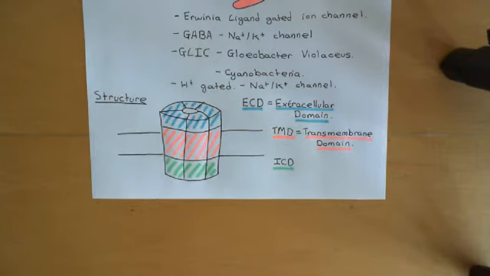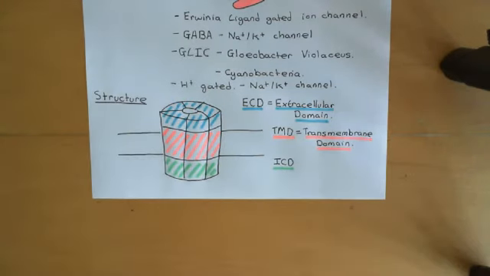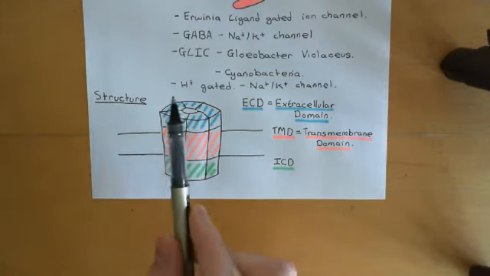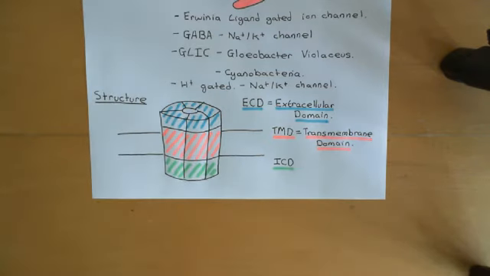Then what we'll do is we'll turn our attention onto the intracellular domain, and then finally we'll go to the extracellular domain. And then what we'll discuss is the actual gating mechanism by which, when ligand binds to the extracellular domain, it results in the opening of the channel.